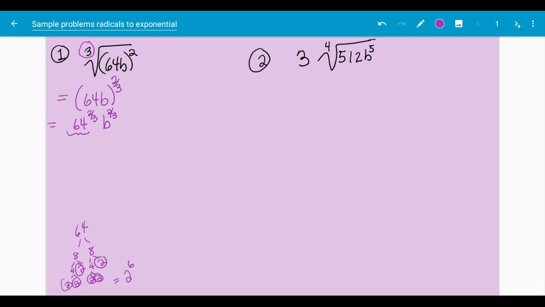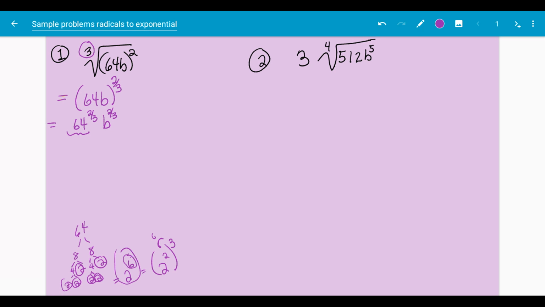So what I'm going to do is write 64. I'm looking for a cube root. Well, this is something to the 6th power, but couldn't I also write this as 2 squared to the 3rd power, because we know that means we'd multiply this 2 and the 3, and that would give us 6, which is exactly what I have here.